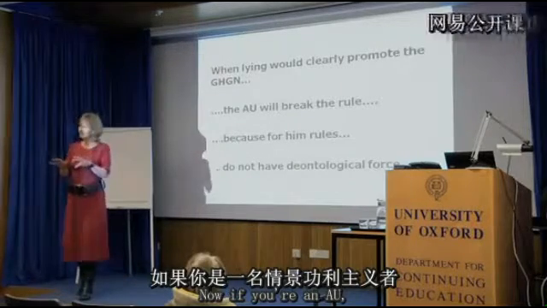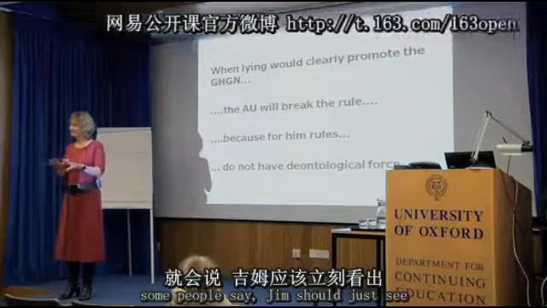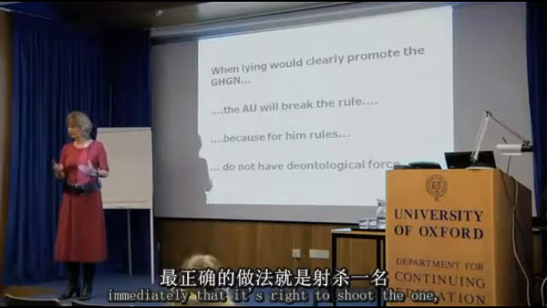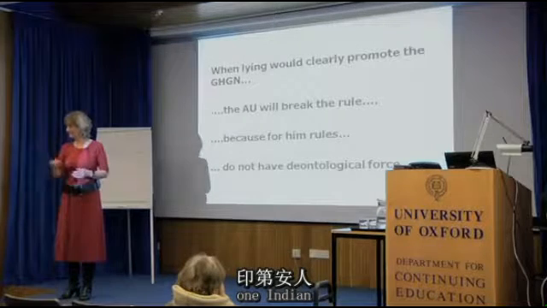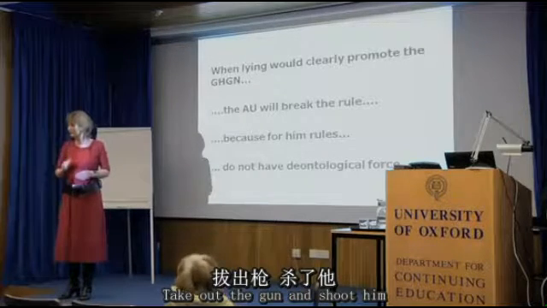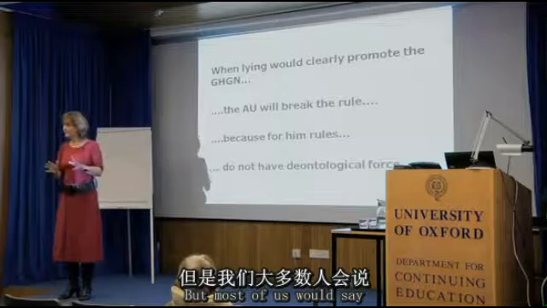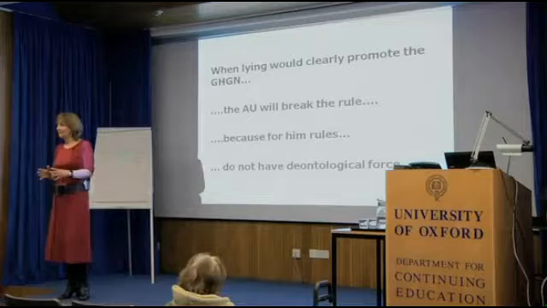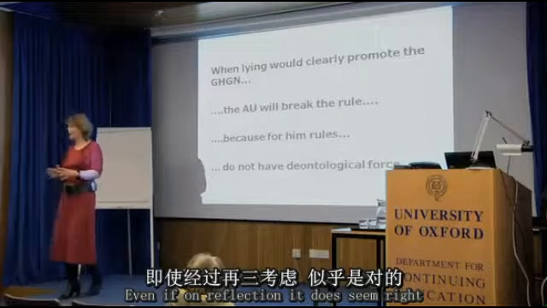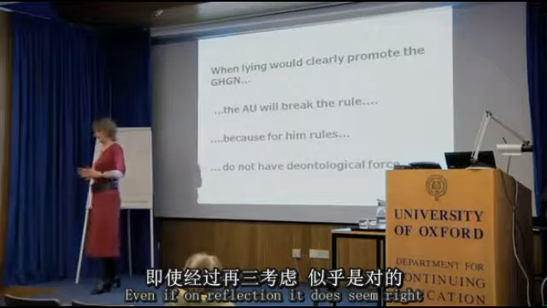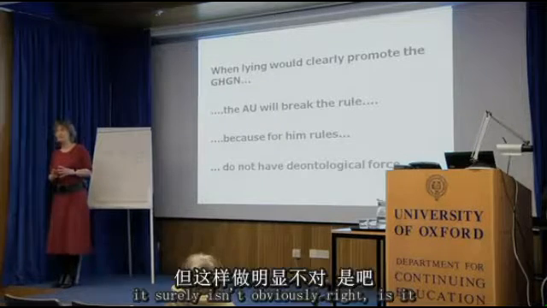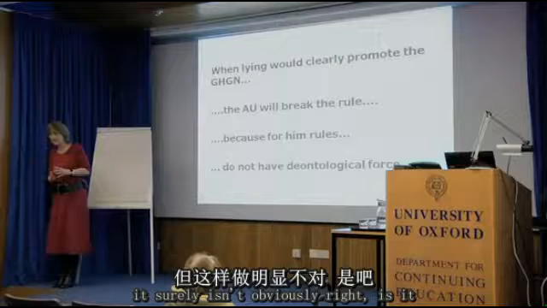Now, if you're an act utilitarian, some people say, Jim should just see immediately that it's right to shoot the one Indian, take out the gun and shoot him. But most of us would say it doesn't work like that. Even if, on reflection, it does seem right to shoot the one Indian, it surely isn't obviously right, is it?